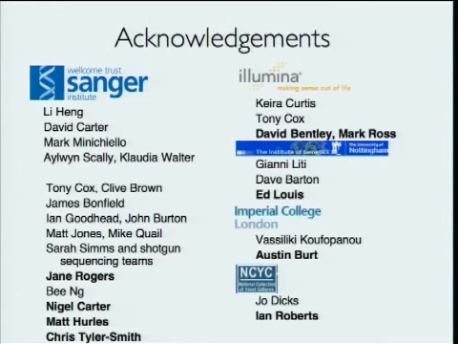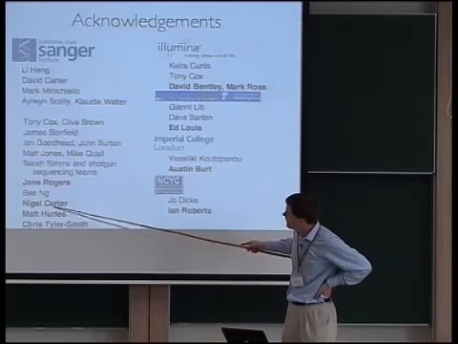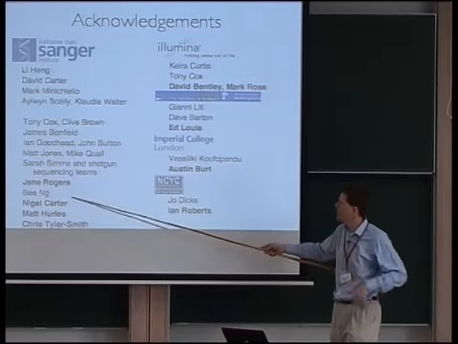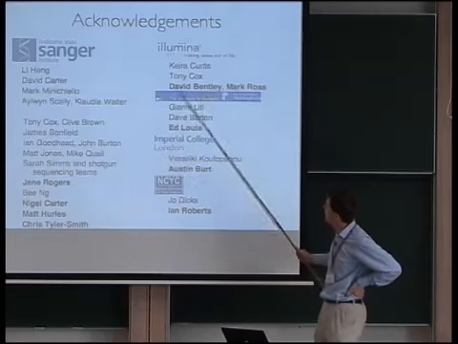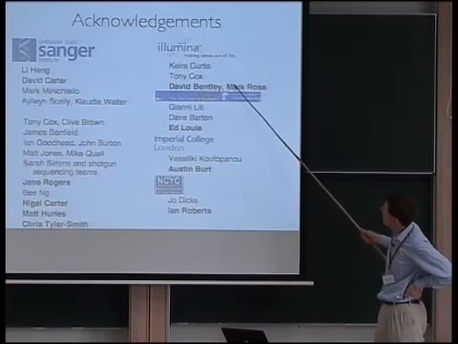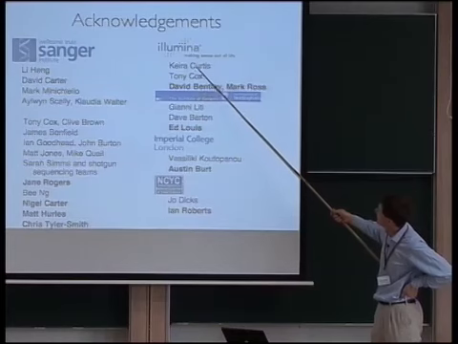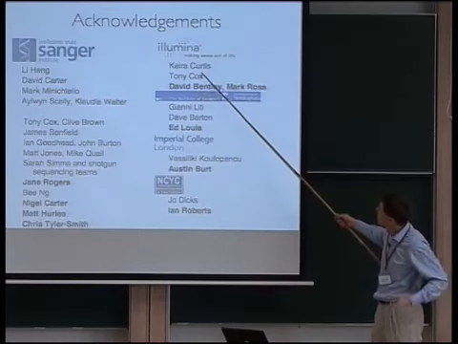These people have all been involved in data collection, or Nigel Carter and B in sample preparation and advice. These are the collaborators at Illumina. David Bentley and Mark Ross are the principal investigators, and Kira and Tony in the data analysis.